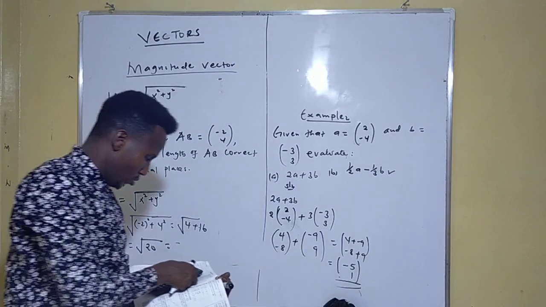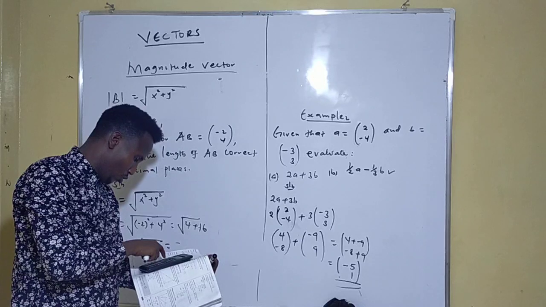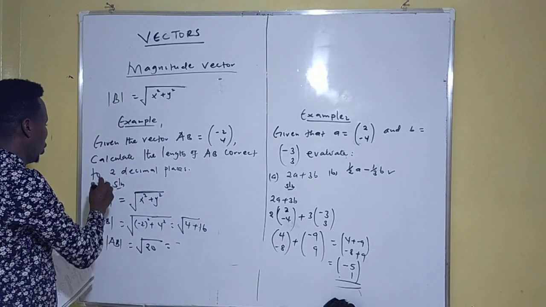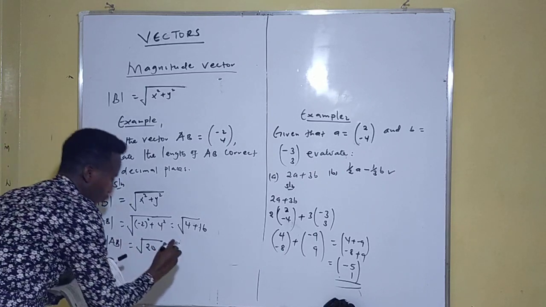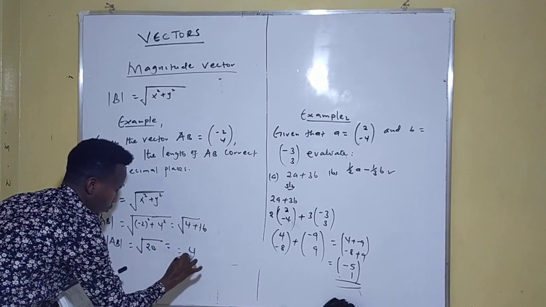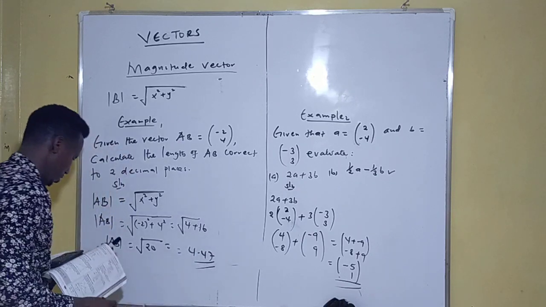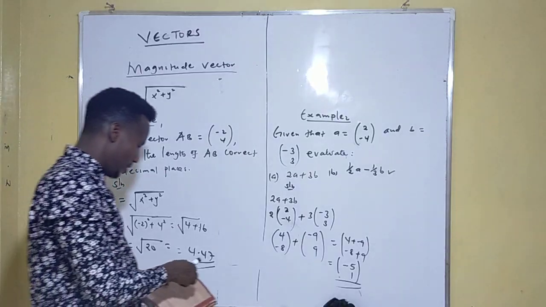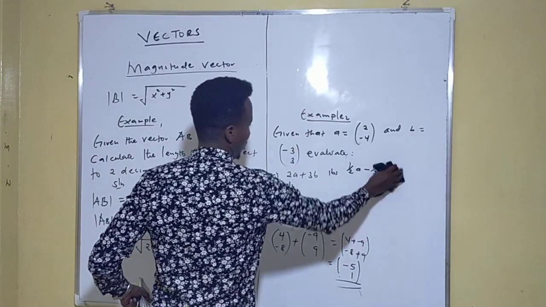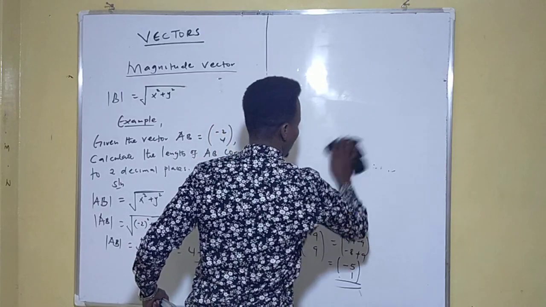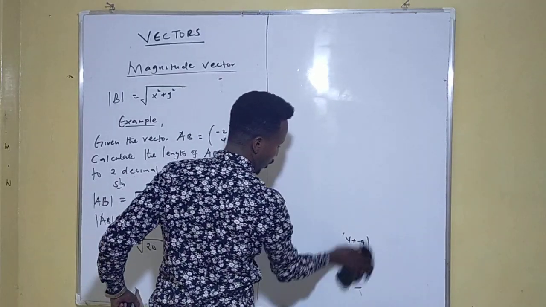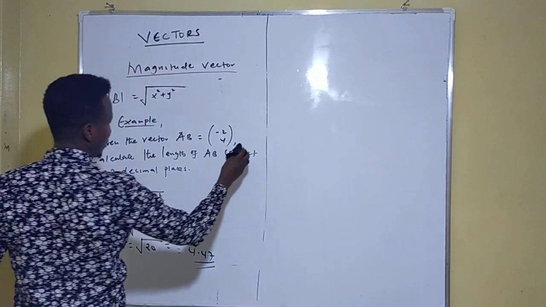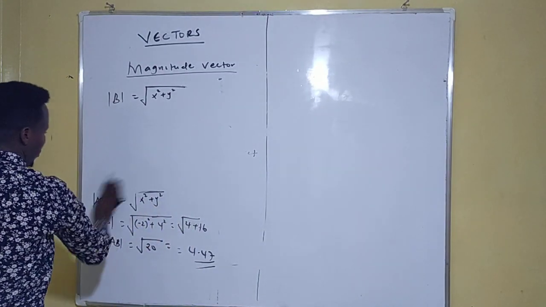Root 20 is 4.47, because you are told correct to 2 decimal places. That's how you're going to get the magnitude of vector AB, guys.